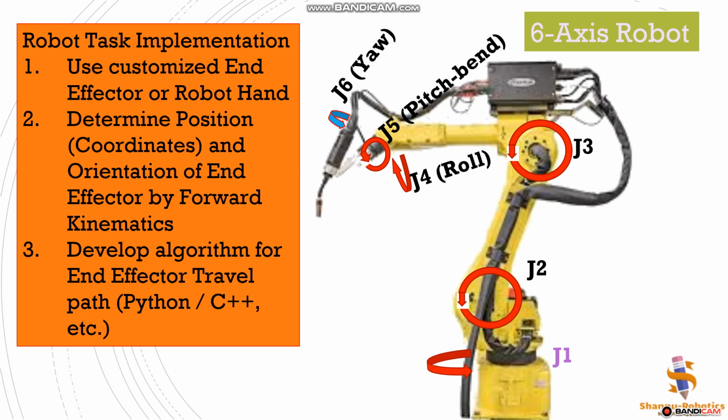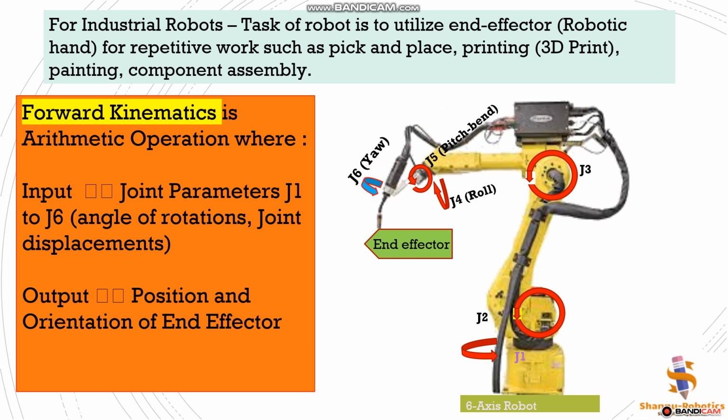These are all joint parameters which you have to understand. If you know the joint parameters, then you can estimate the end effector position, because the end effector is the main tool to finish your task, from point A to point B, or to draw a circle. For an industrial robot, the task is to utilize the end effector, as I said earlier, for repetitive work such as pick and place, printing, painting, or component assembly.